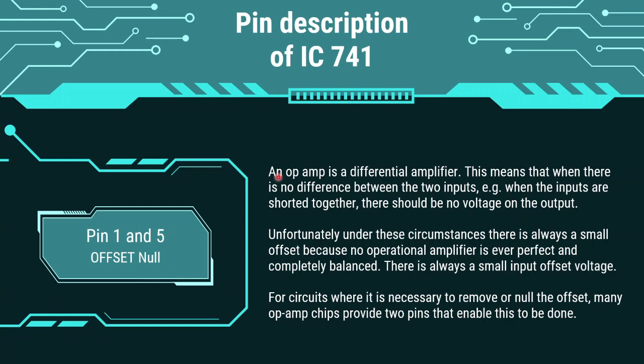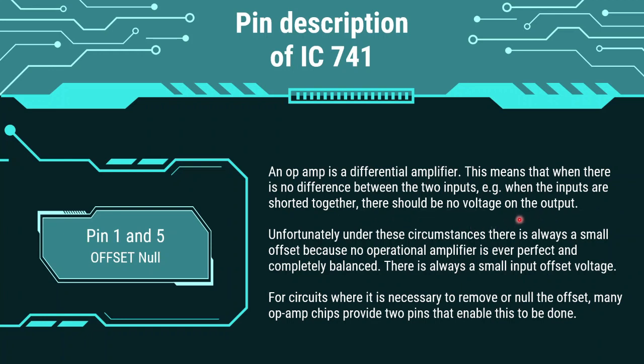What is offset null? It means an op-amp is a differential amplifier. This means that when there is no difference between the two inputs, for example, when the inputs are shorted together, there should be no voltage on the output.